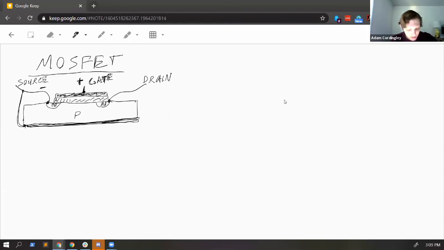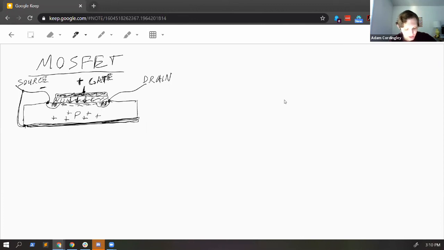Okay, so I start applying a voltage between gate and source. And it's going to create an electric field in this dielectric that's going to repel positive charges. So it repels the majority carriers, and it pulls electrons to the surface and forms this channel because we have a surplus of electrons in our N material.